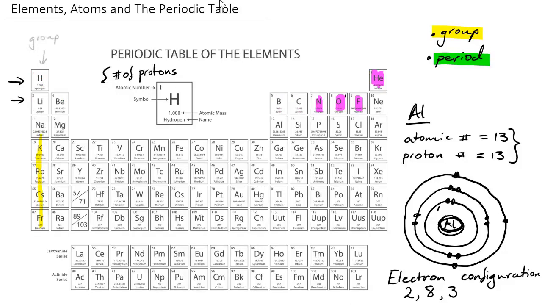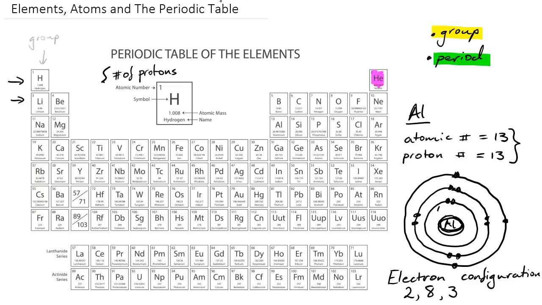Let's pick up another one. I'm not going to go into the transition metals because that's where it gets pretty complicated. Let's do perhaps potassium. Now potassium, if this periodic table was a bit bigger, maybe you have one in front of you.